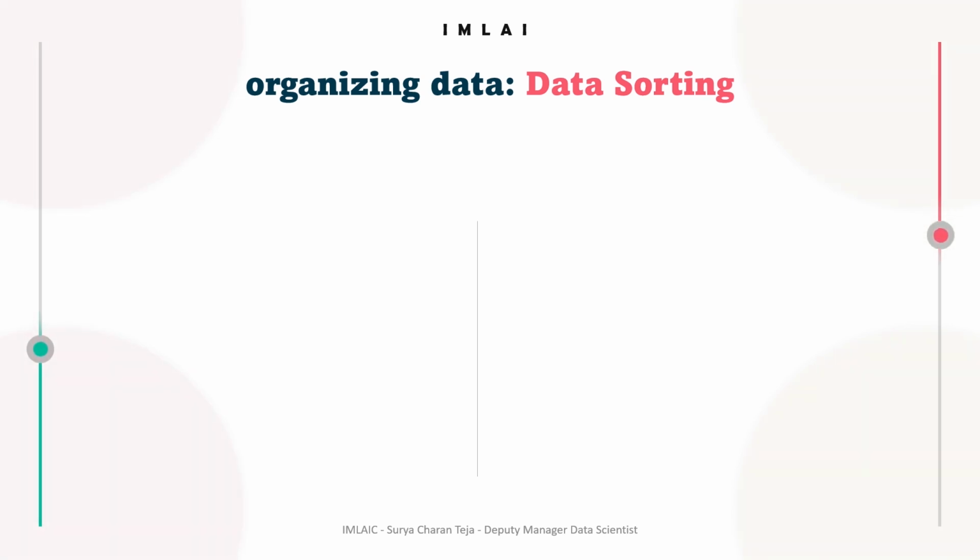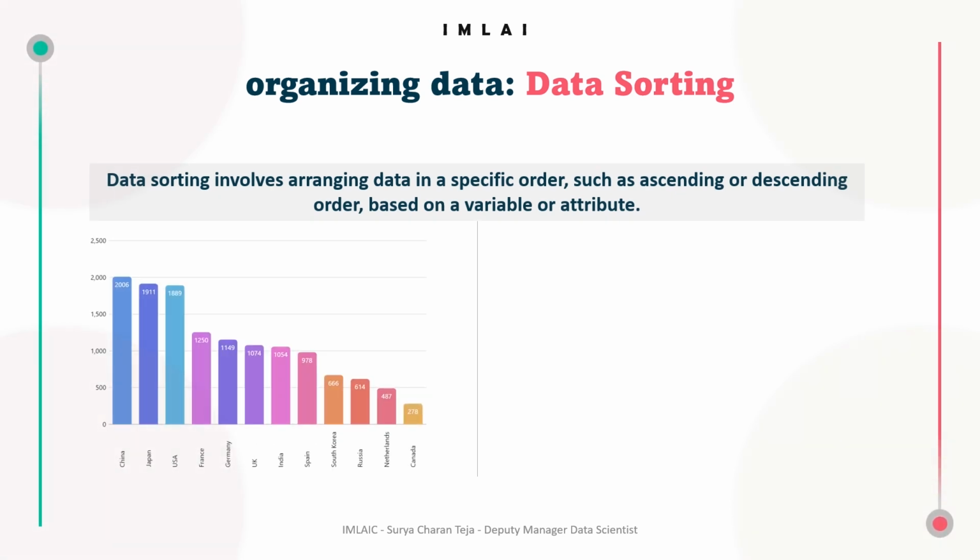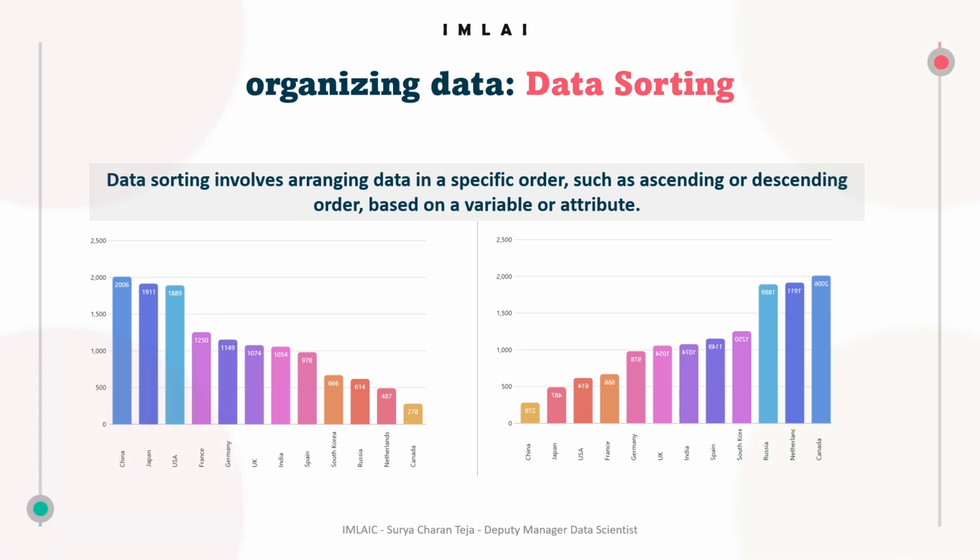Data sorting involves arranging data in a specific order, such as ascending or descending order, based on a variable or attribute. This can be done using built-in functions or methods in Python, such as the sort or sorted function.